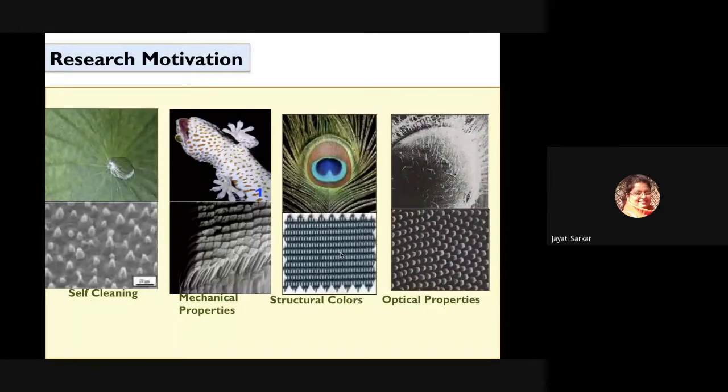Similarly, we have all seen at some time these peacock's feathers. The colors really attract us very much, but many of us think that it is made up of pigments, but if you look at it very closely, again, it has arrays of barbules of different structures. So if light falls on it and gets reflected, they reflect at different angles, they interfere, and this actually gives rise to the structural colors.